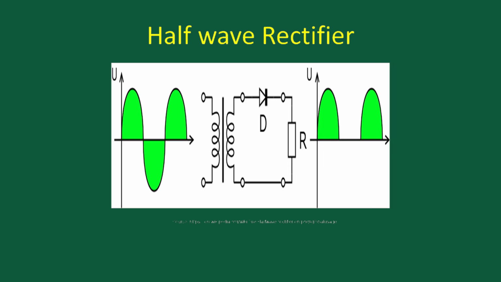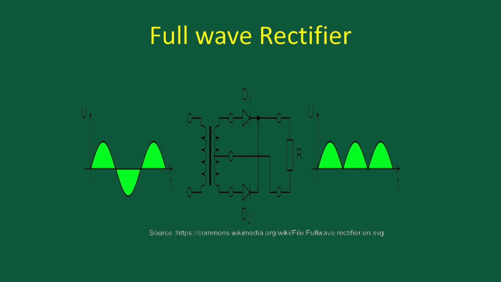Different types of rectifiers are used for specific applications. Based on the type of rectification the circuit does, the rectifiers are classified into two categories: half wave rectifier and full wave rectifier. A half wave rectifier only converts half of the AC wave into a DC signal, whereas a full wave rectifier converts the complete AC signal into DC.